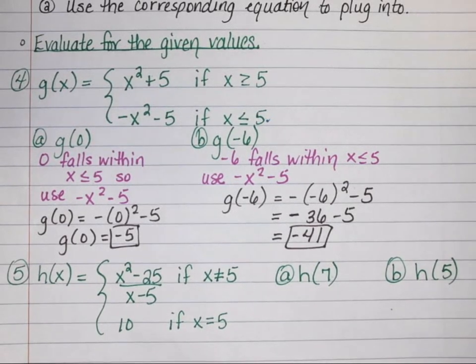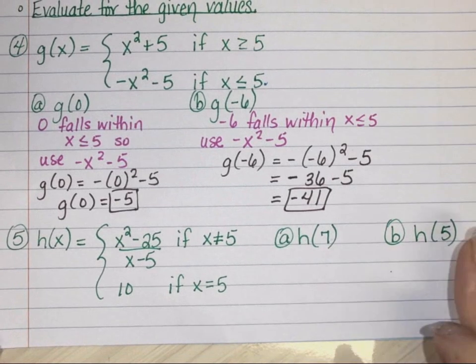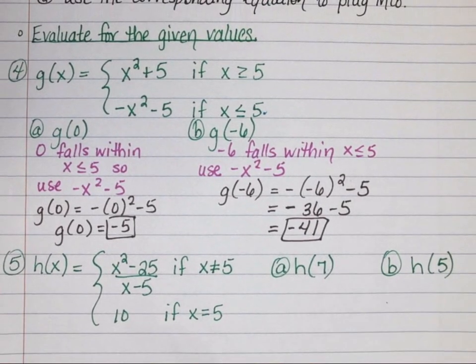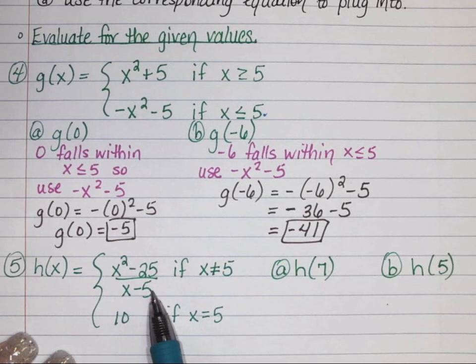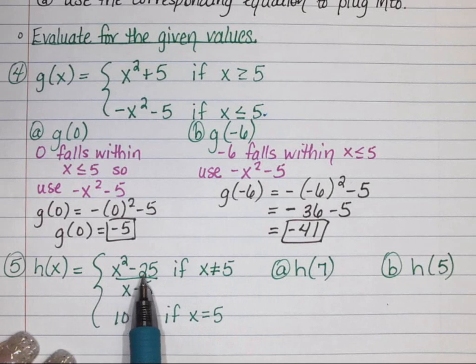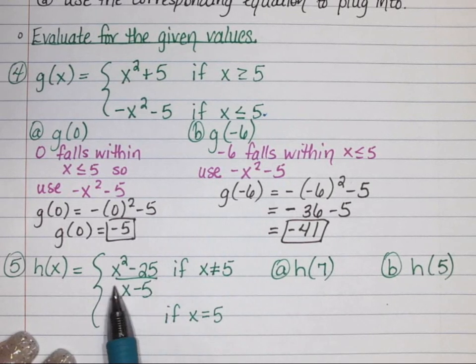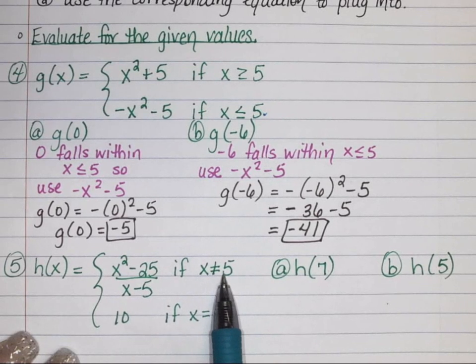Number 5. Last but not least, we are given this piecewise: x squared minus 25 over x minus 5 if x is not equal to 5. So in this case, we use this equation every time we get a value other than 5.